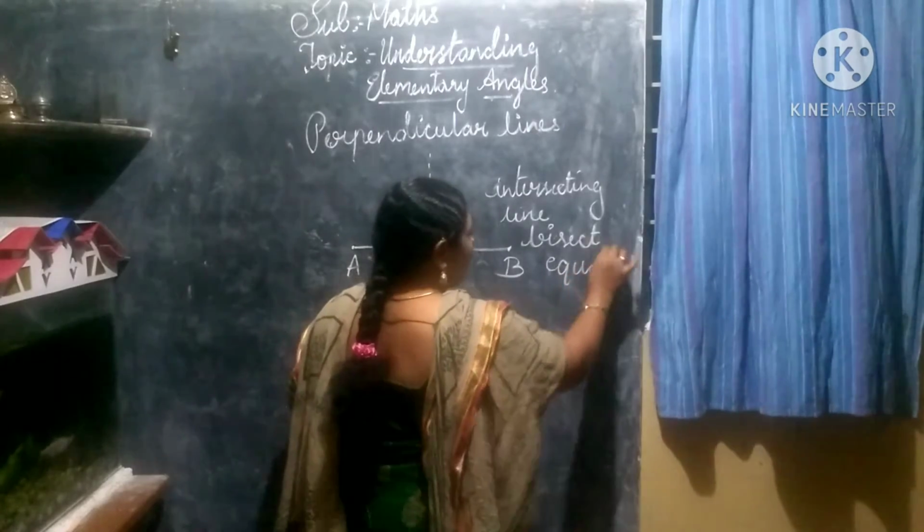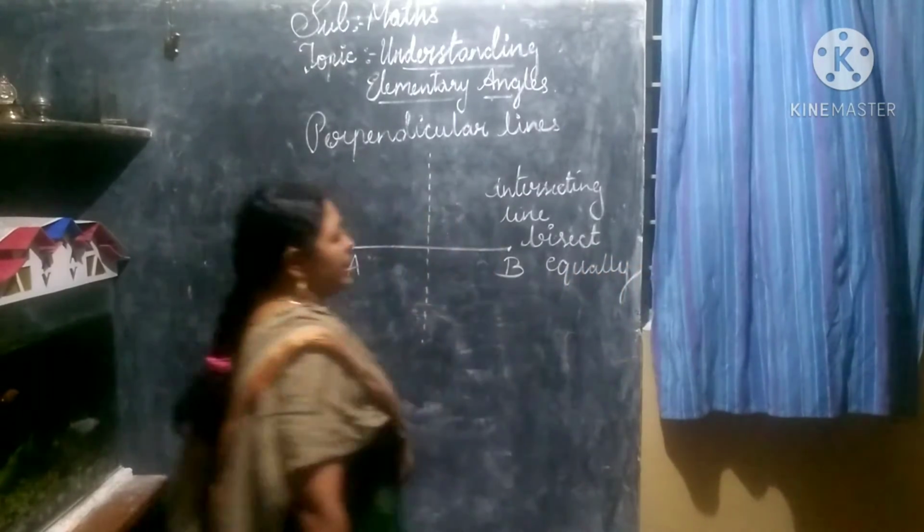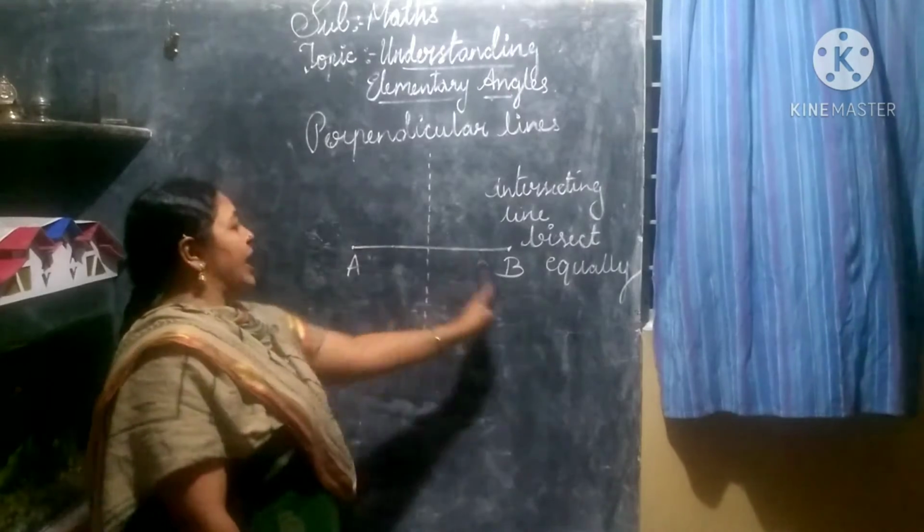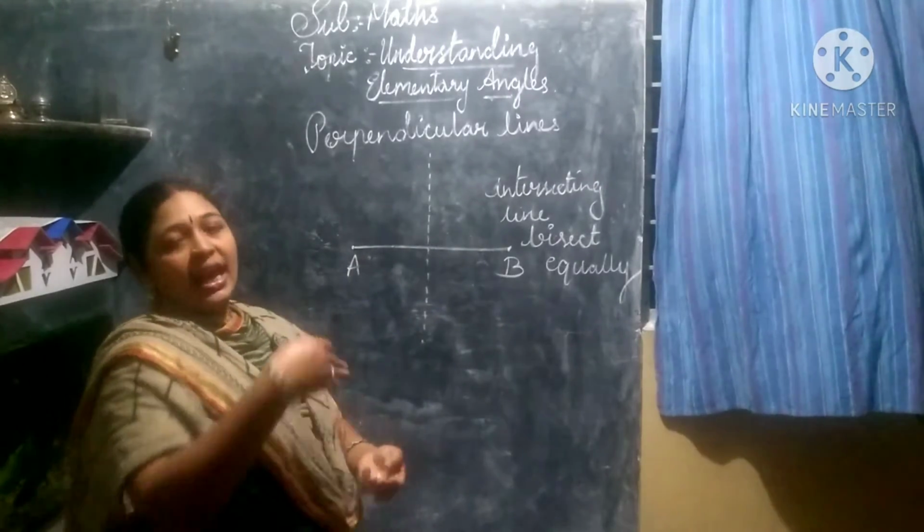If it is bisecting equally, then these two lines are called perpendicular lines.